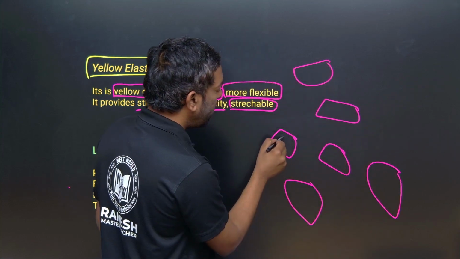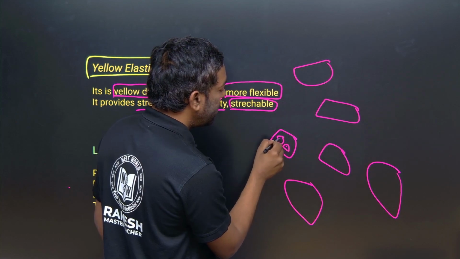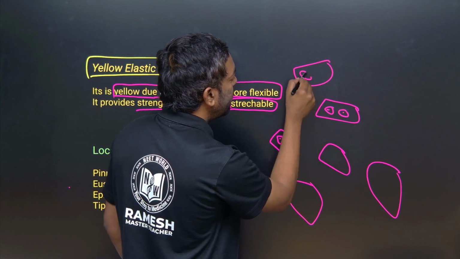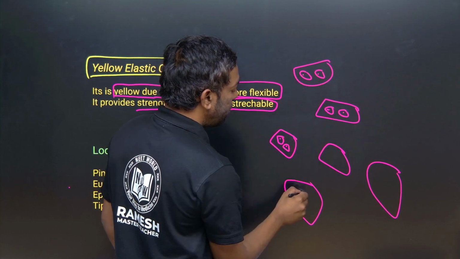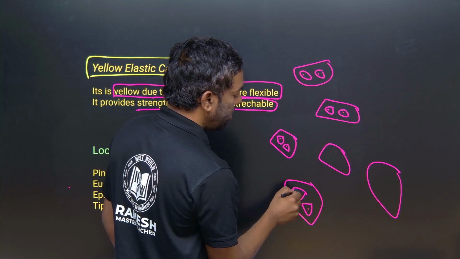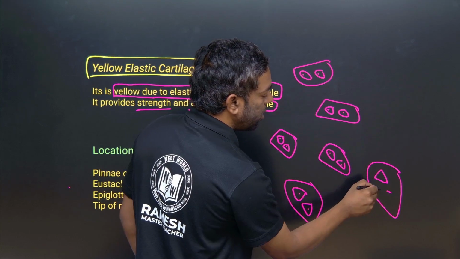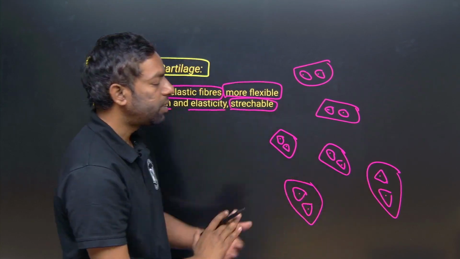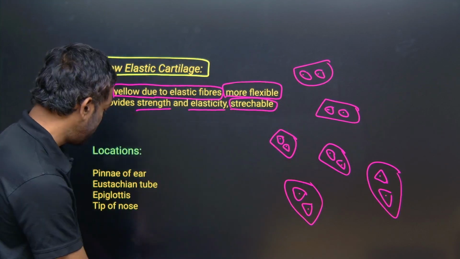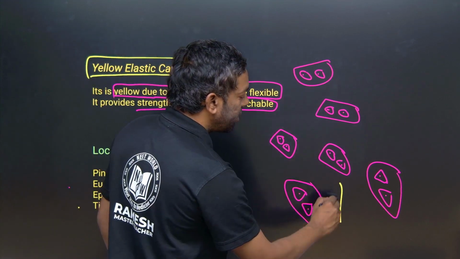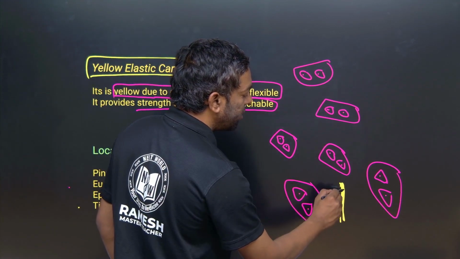This is the lacunae. There is a space with chondrocytes. This is the matrix, and in the matrix there are elastic fibers, guys.